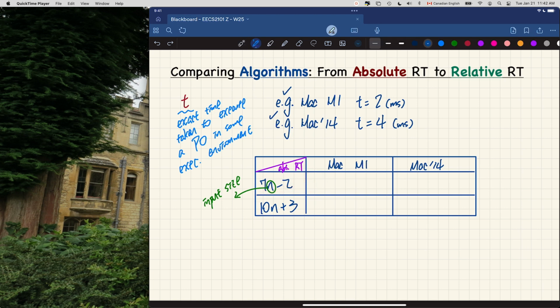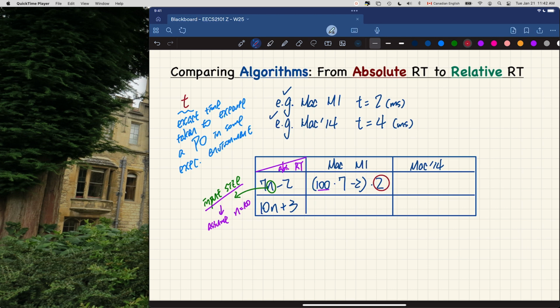For the first one, it's going to be 100 multiplied by 7 minus 2, times 2. Here we're assuming n equals 100, just for simplicity. That's why you see 100 here. That's the input size. And this guy here is the t for that particular execution environment.